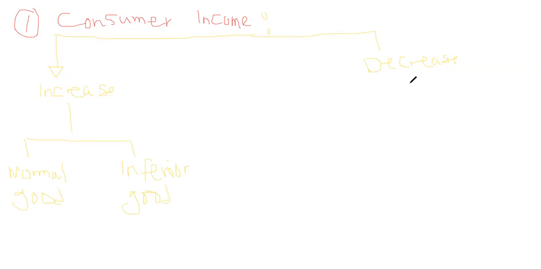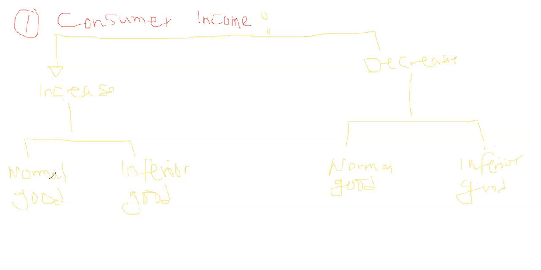The same thing applies if consumer income decreases, we also look at a case whereby the good is normal or inferior good. So we are going to look at how many cases?